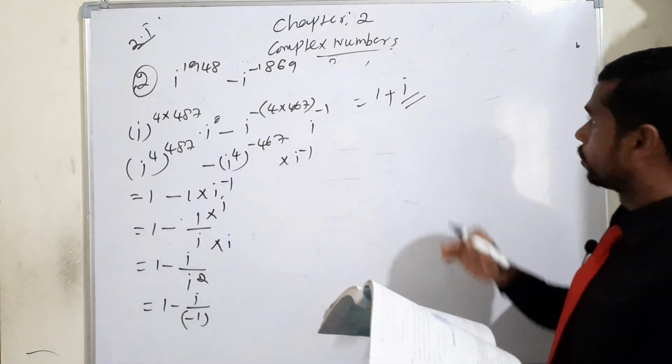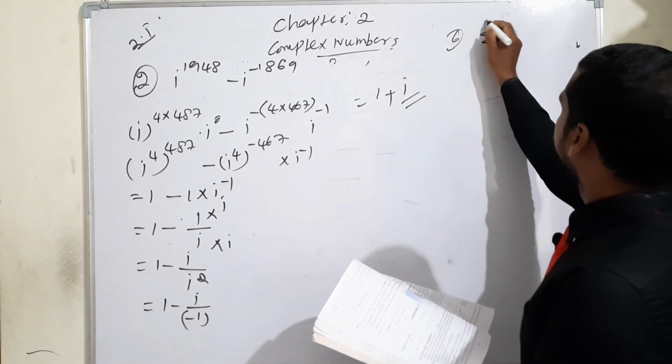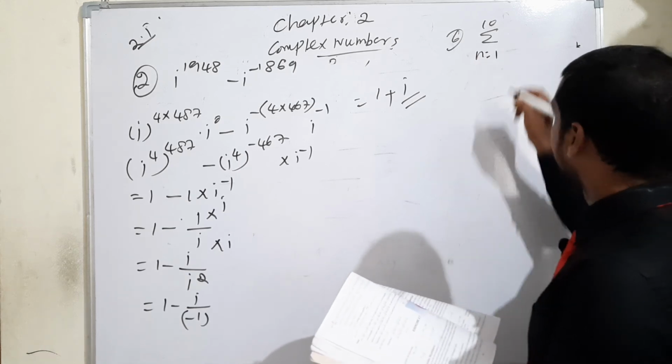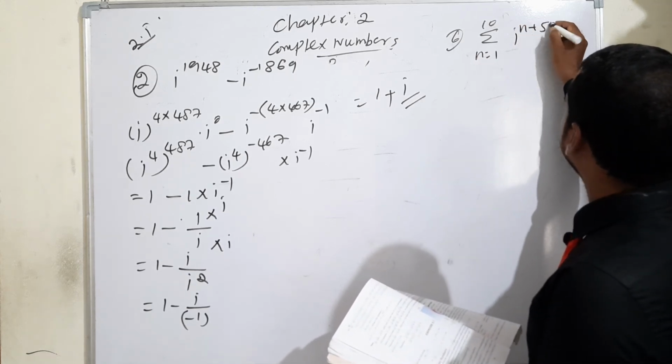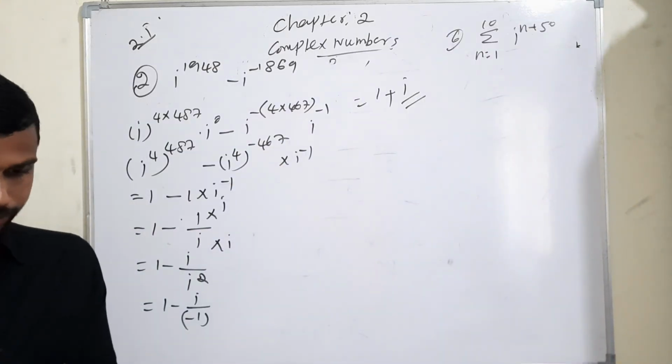I am moving to the last question. What is the question? Question number 6. Summation of n is equal to 1 to 10, I to the power n plus 50. So I to the power n plus 50, what will happen?